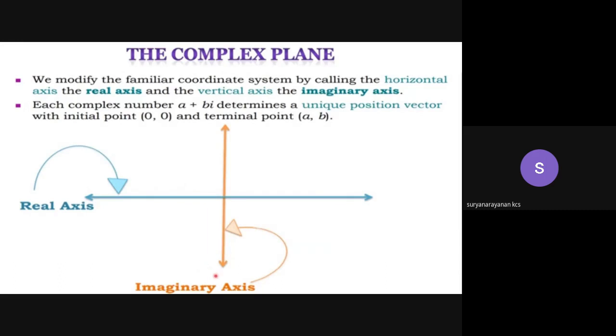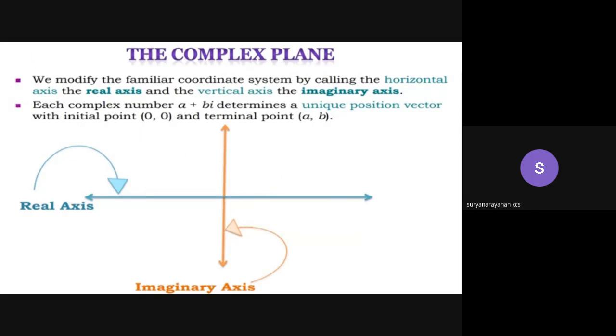My children, we just rename these axes. Understood this point? So each complex number a plus ib determines a unique position vector with the initial point at the origin (0, 0) and the terminal point (a, b). Just like in the coordinate system, with x coordinate and y coordinate, we can represent a unique position in this complex plane. We just connect the knowledge of the coordinate plane with this complex plane.